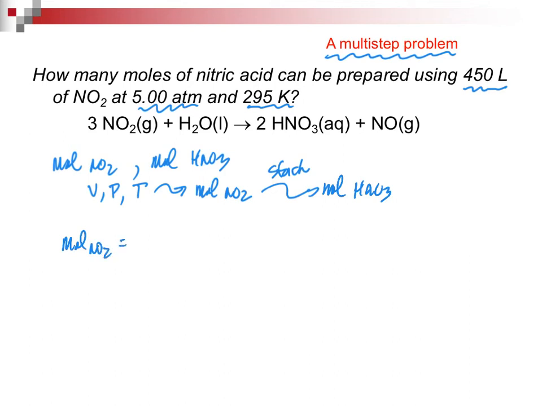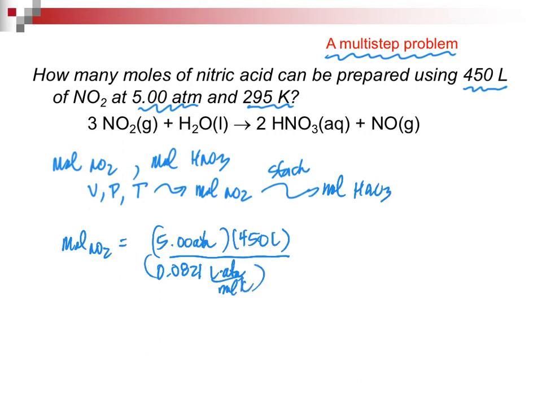I'll say my moles of NO2 are 5.00 atm times 450 liters divided by 0.0821 liter atmosphere per mole Kelvin times 295 K. What I should have said is n is equal to PV over RT, but no, I jumped in and started putting in the numbers.